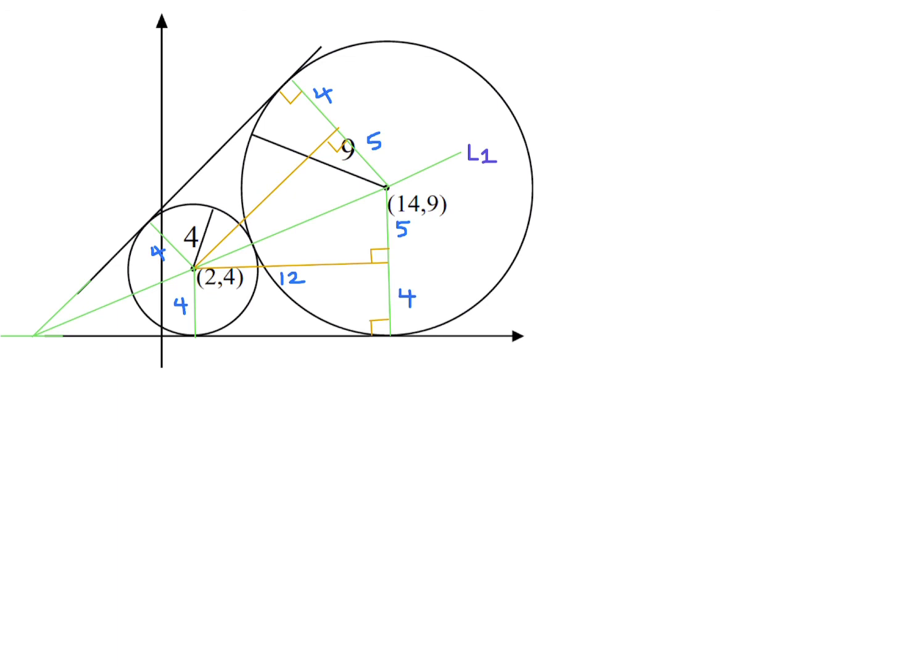And L1, I want to know its slope. Well, the slope of any line we can figure out easily with rise over run, as I'm sure you know. And the rise in this case we can get easily through this triangle, and we can also get the run. The rise is 5 and the run is 12. So the slope of that line L1 is 5 over 12.